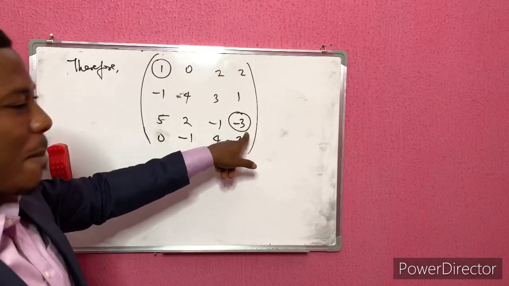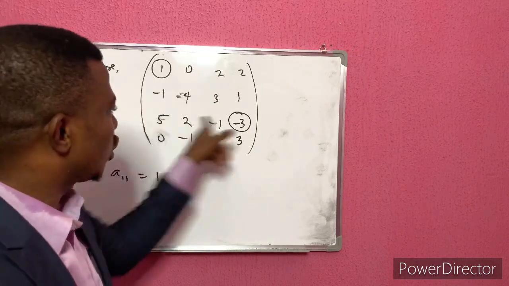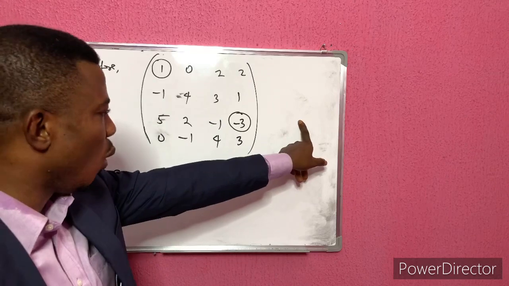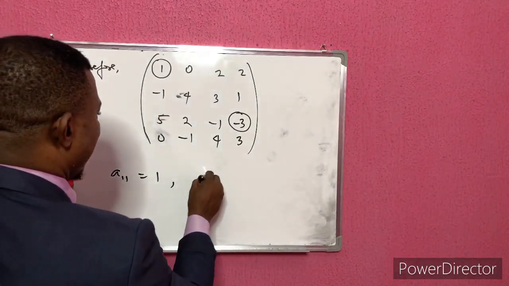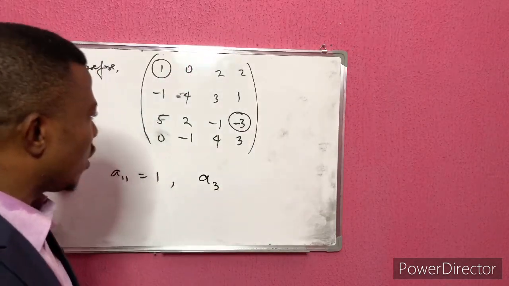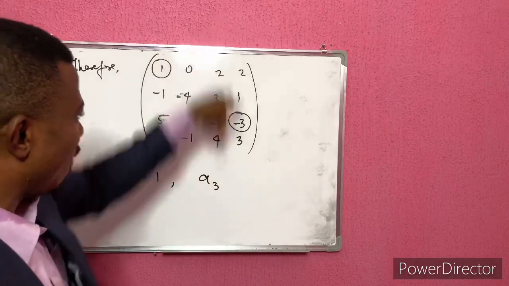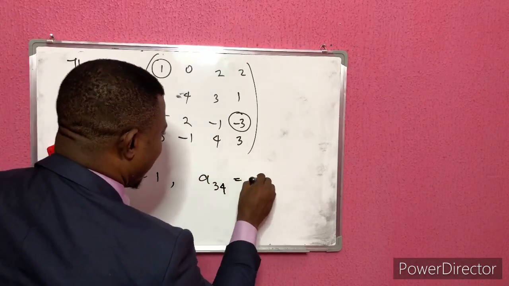This particular minus 3 is where? It's in third row, that is A3 and fourth column. 1, 2, 3, 4. Fourth column. A34 is minus 3.